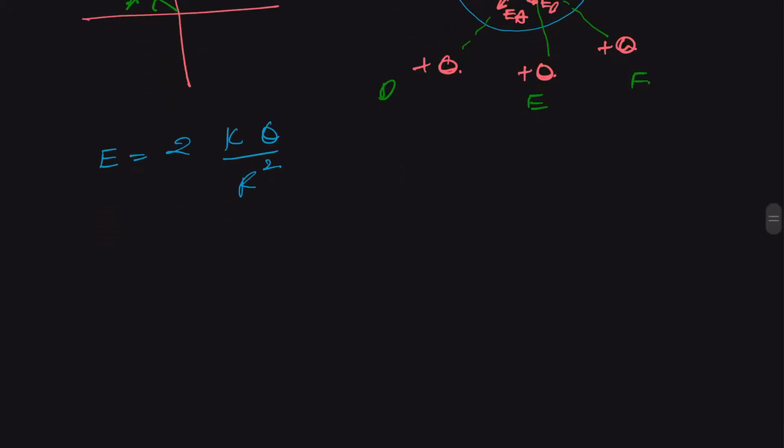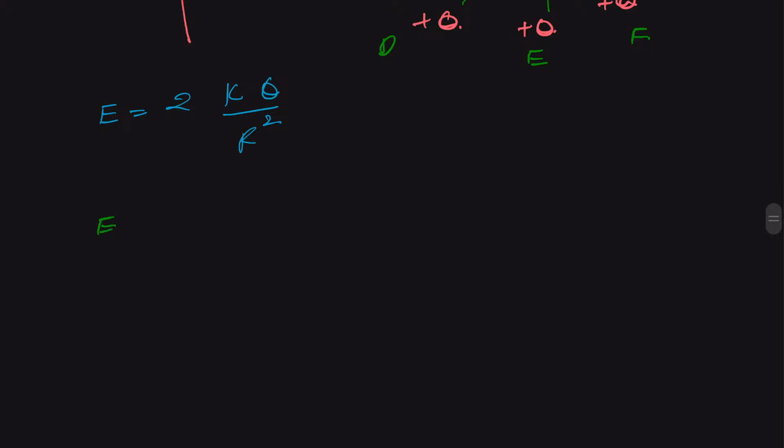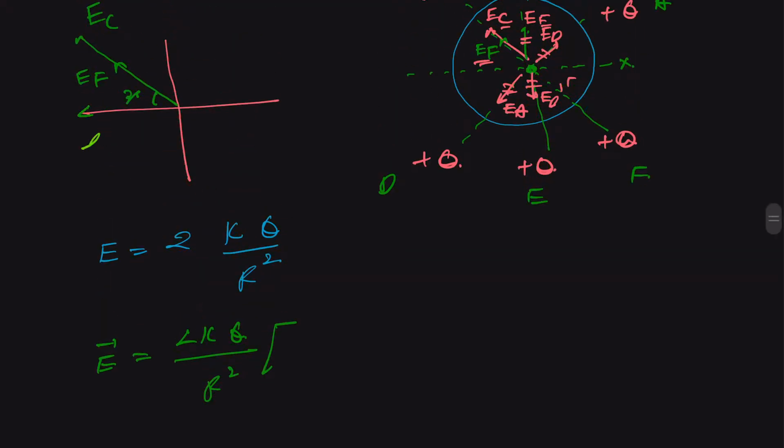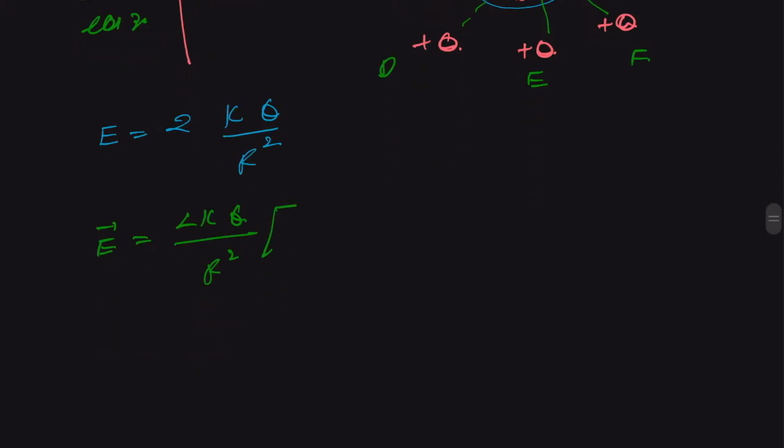In terms of their respective coordinates, E will be equal to 2kQ upon r squared, and this will be our cos 30 and this will be our sin 30. So we get cos of 30 as minus i, plus sin of 30 as j, and we already know the values.